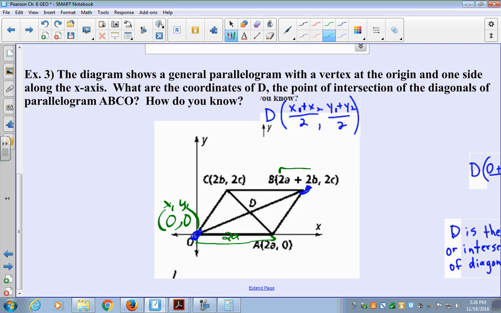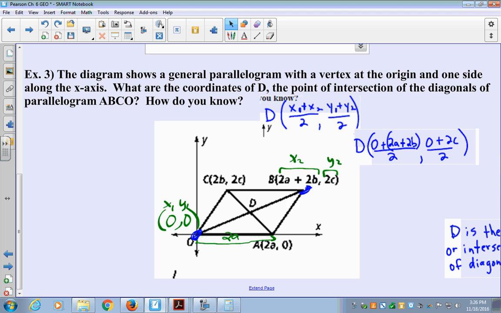And this is going to be our x2, and this is going to be our y2. So let's go ahead and plug those things into the formula. Our x2 is 2a plus 2b. 0 plus 2a plus 2b is 2a plus 2b, all divided by 2.